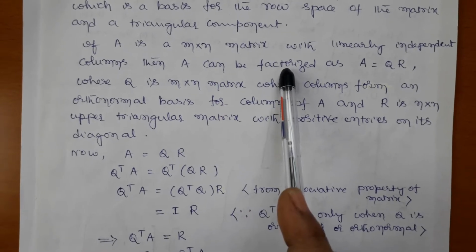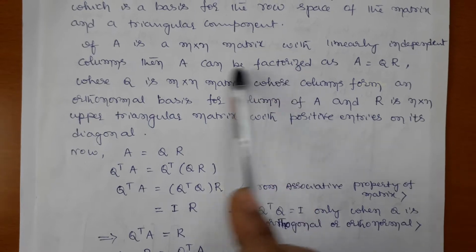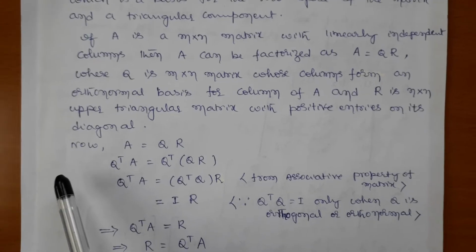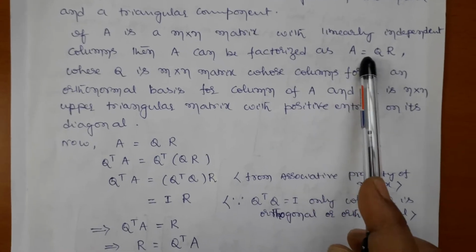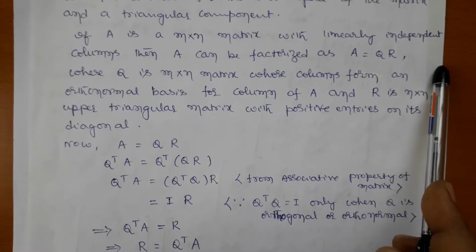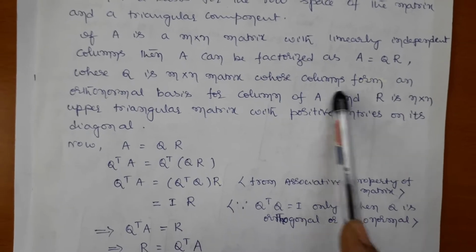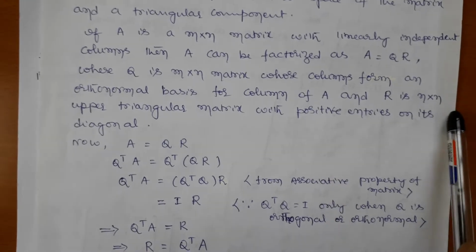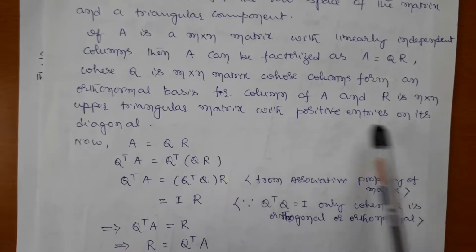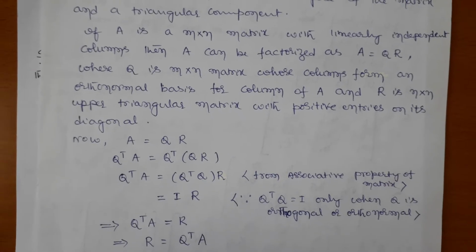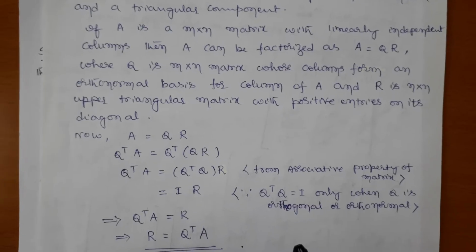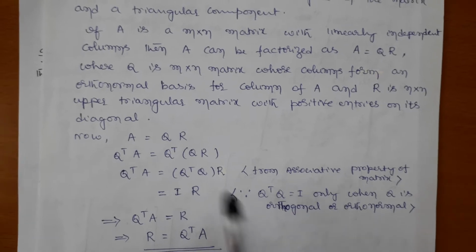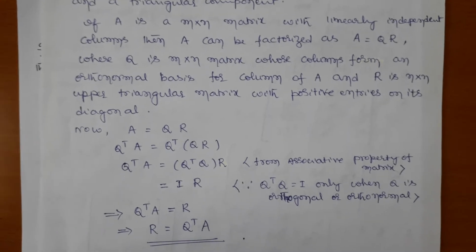You can't convert every matrix directly into Q into R. Each column of the matrix must be linearly independent, and you already know the definition of linear independence. Only then can we factorize A as Q into R. We only require positive entries on the diagonal; the other entries may be negative, but keep in mind that R is an upper triangular matrix.